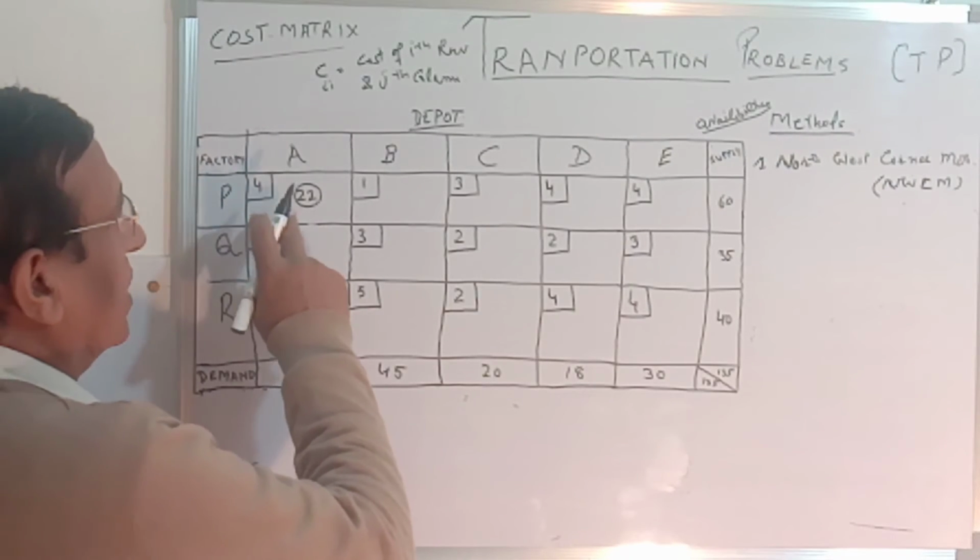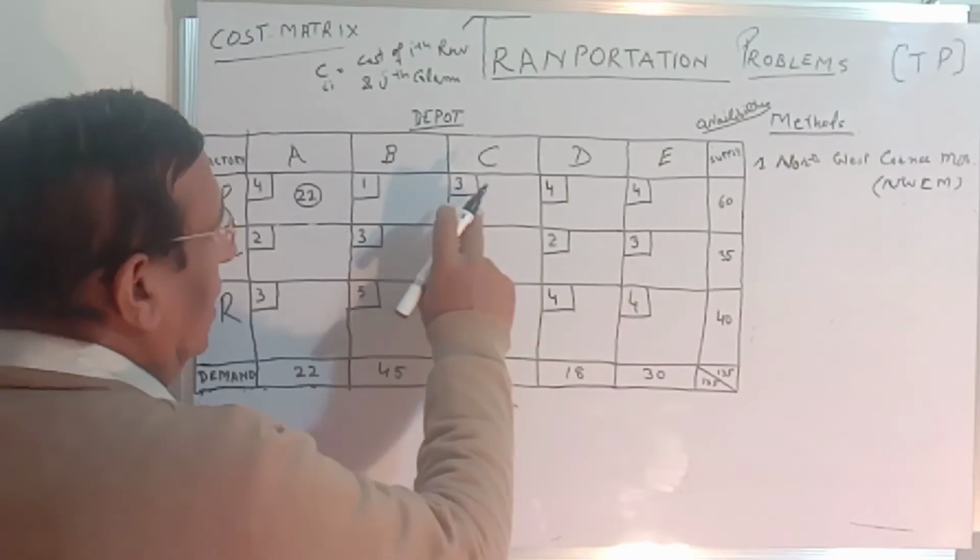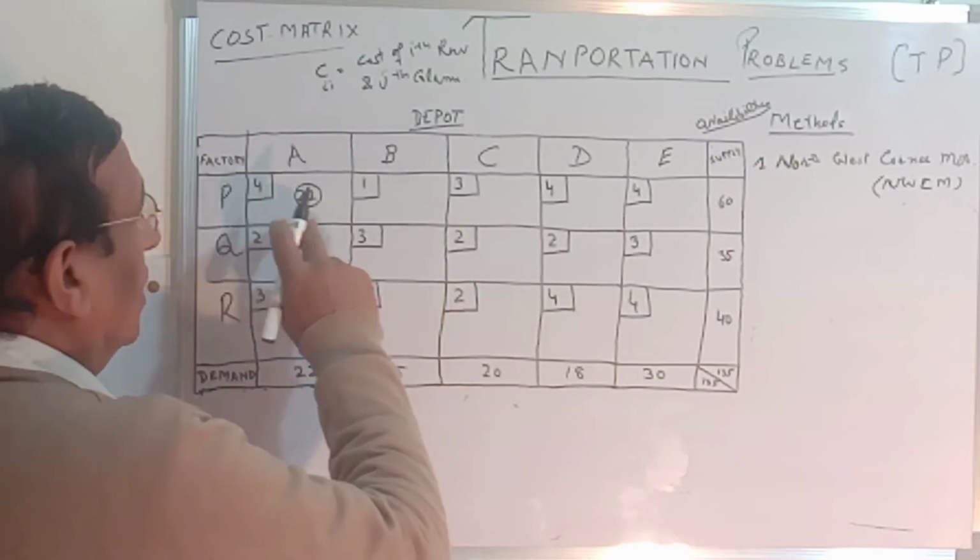Start from the first cell, first row, first column, and proceed row wise.